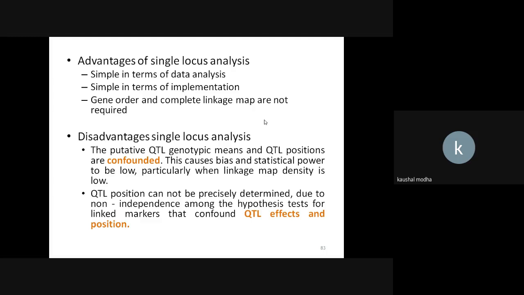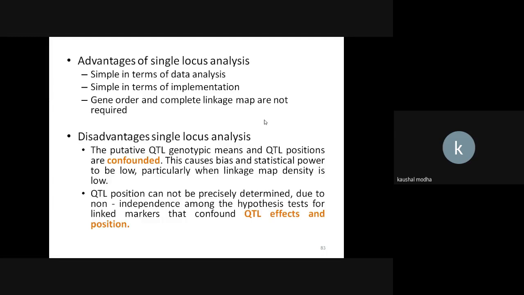I mean, if you identify 10 markers, let us say, linked with various loci governing a particular quantitative trait, the effect of each marker cannot be precisely estimated in the single marker analysis or single locus analysis because of the confounding effect. And positions cannot also be estimated properly. You may find many markers associated with the QTL, and you cannot say which marker is more significantly associated with the QTL.